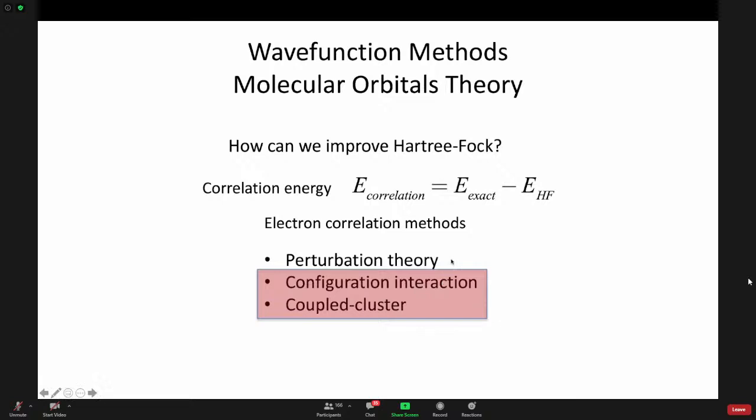There are usually 3 different approaches to accomplish that: perturbation theory, configuration interaction, and coupled-cluster methods. Today, I will focus on the latter 2 methods.